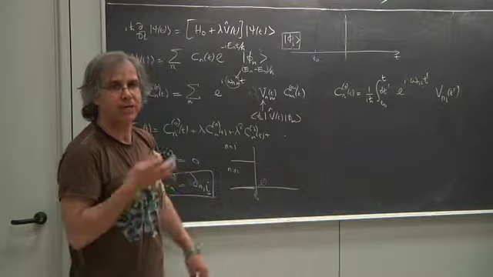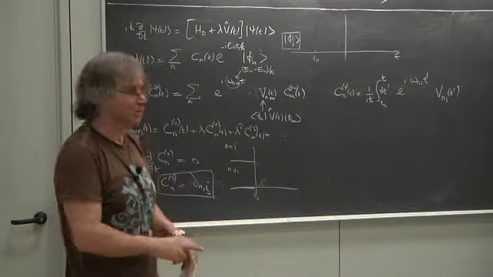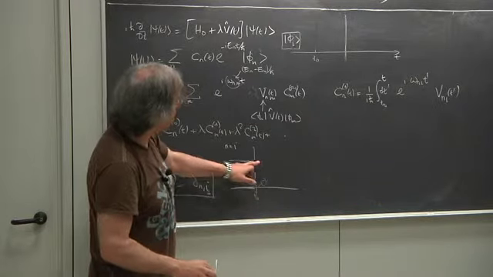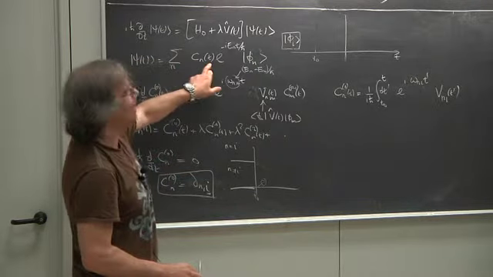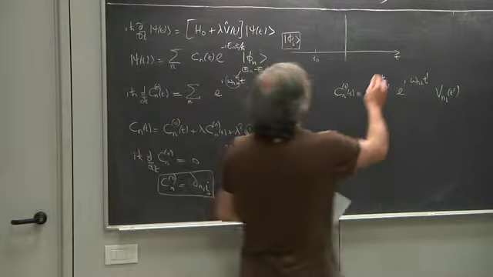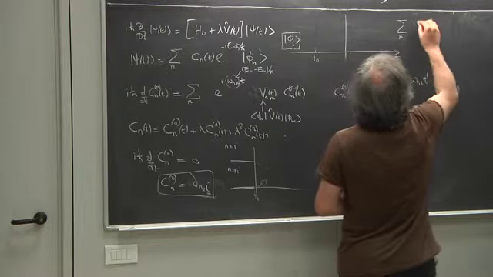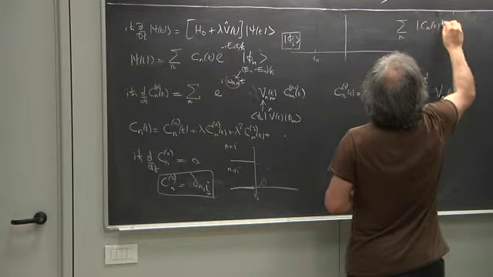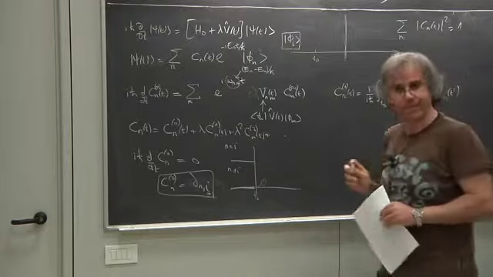Obviously, the total normalization of the state is conserved. So if you sum the modulo square of all Cn over all n, this will always be 1. Okay?